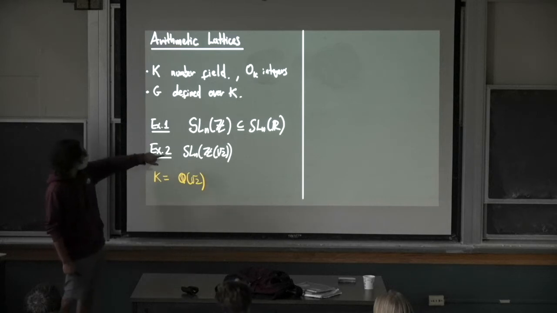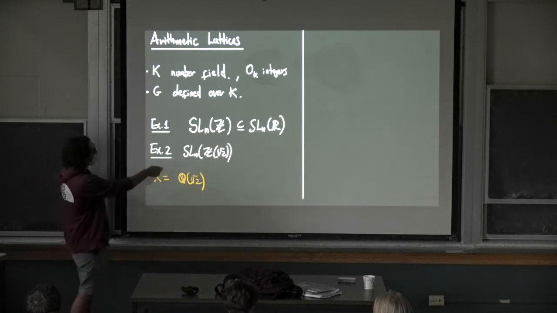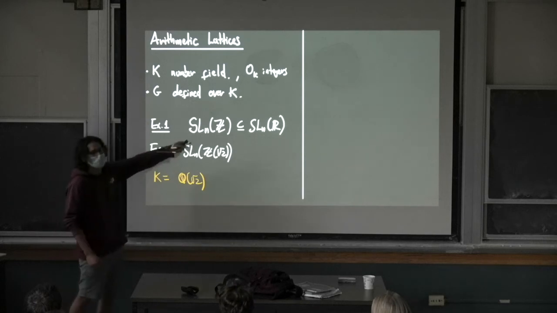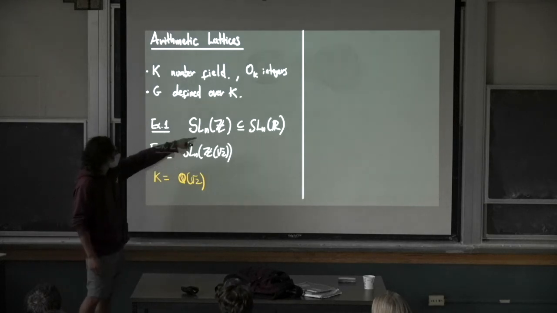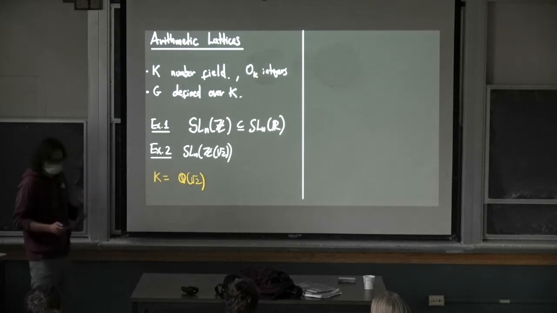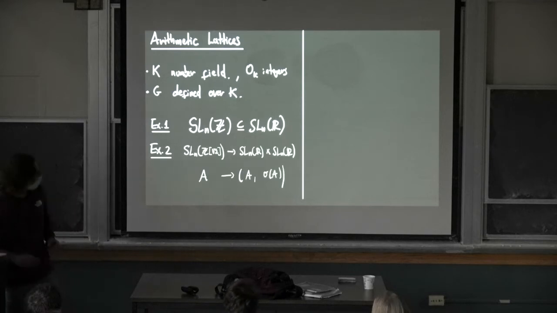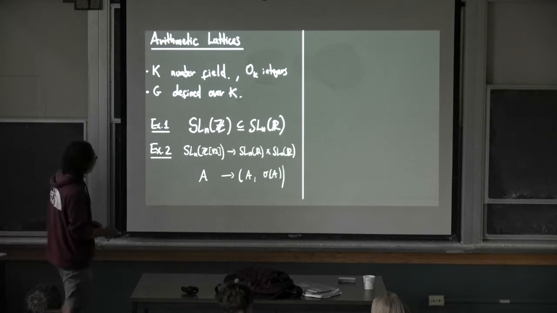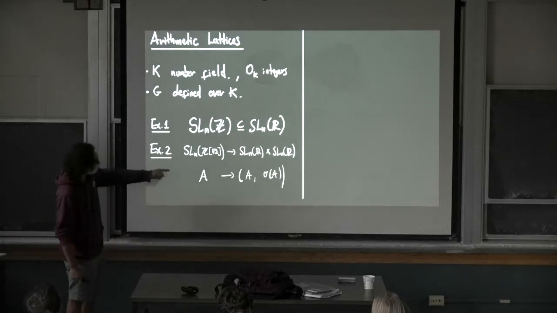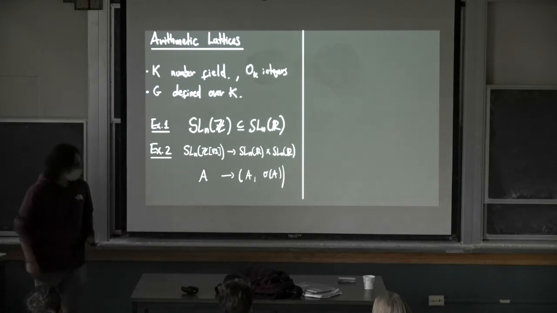The group that you get is SLNZ[square root of 2], but this is dense in R, so this is not a lattice in SLNR, but it's a lattice in SLNR times SLNR, if you apply the following trick: you take the matrix and send it to the matrix and its conjugate. Okay.